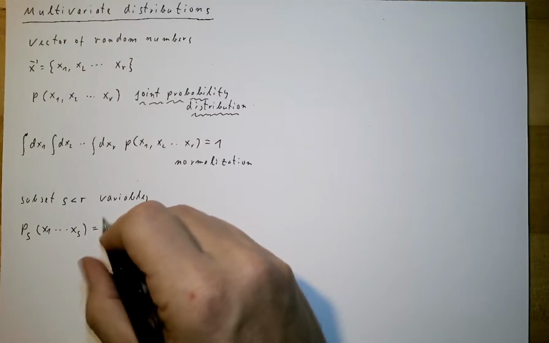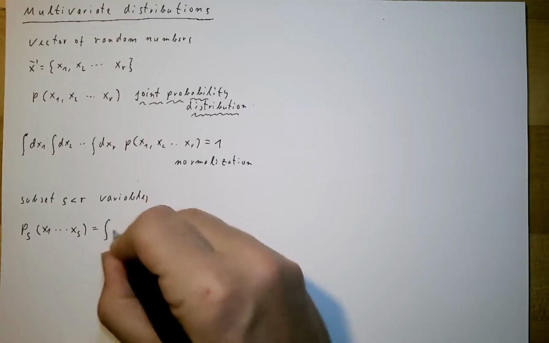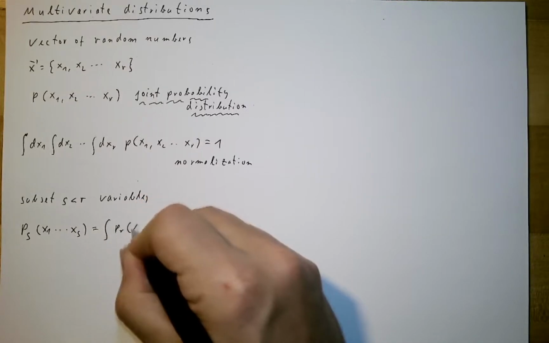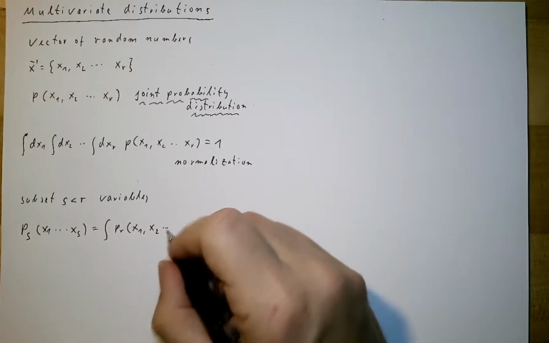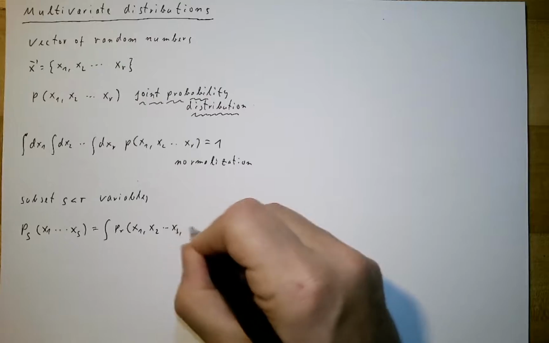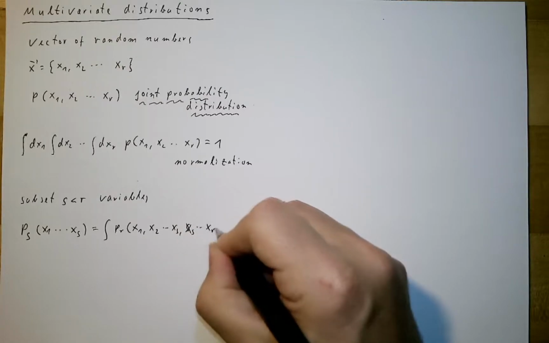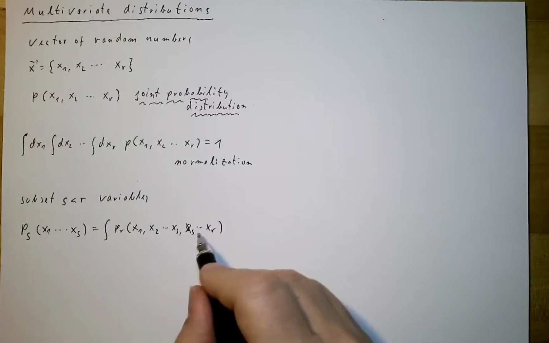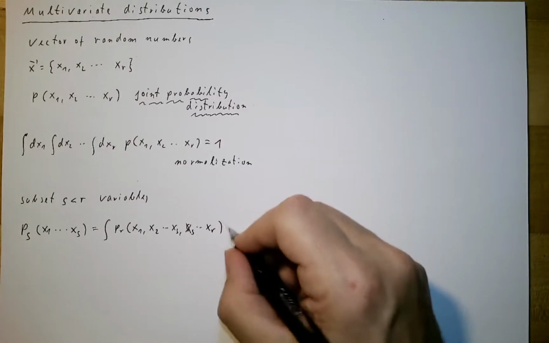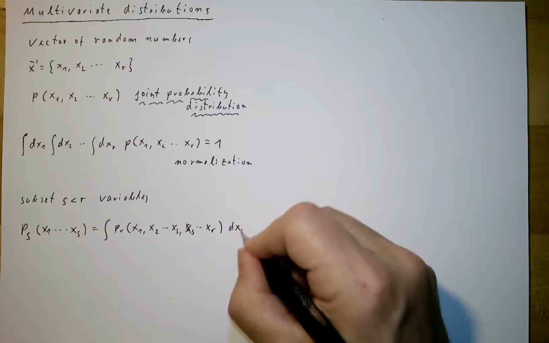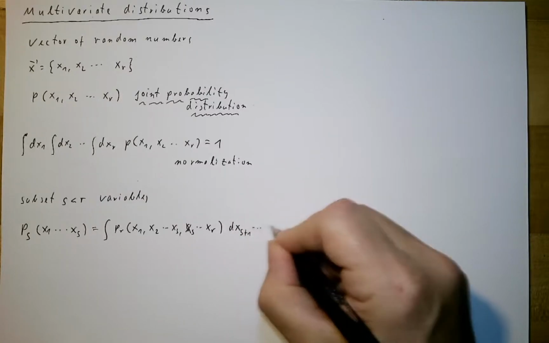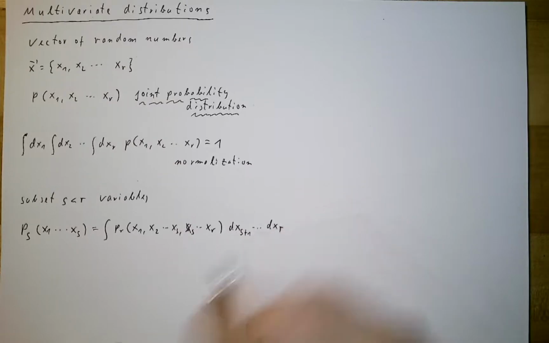We obtain it by integrating the full distribution, which depends on x1 until xr, over dx s plus 1 until dxr.